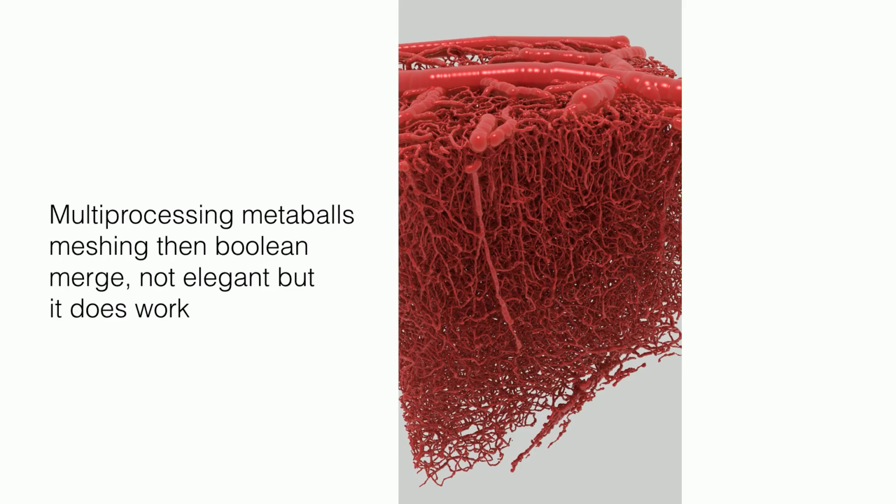To get there, Blender could not mesh such a thing at once. So I had to go with multiprocessing, meshing blocks one by one. And then after that, doing something a bit brute force: Boolean merge all that. If an engineer looks at what I do, a person would scream.